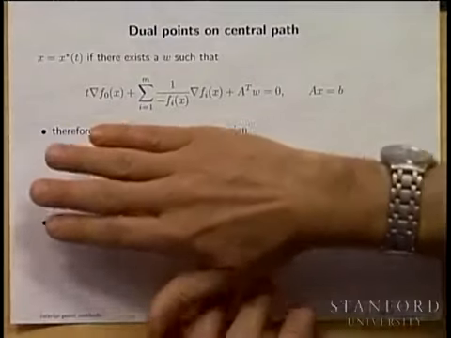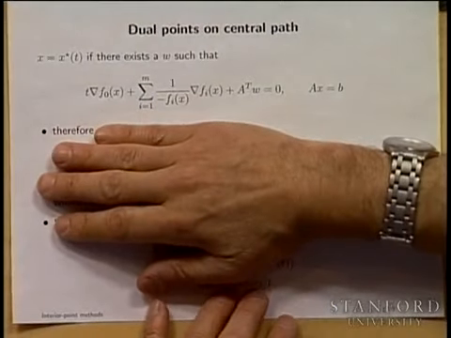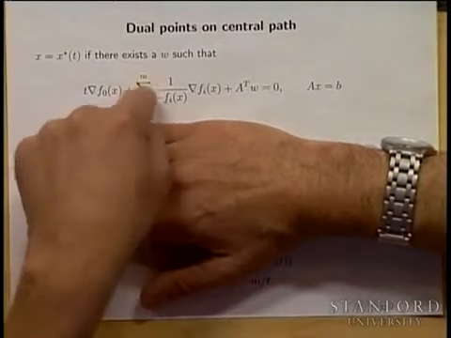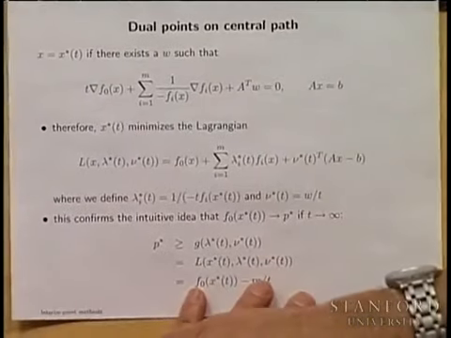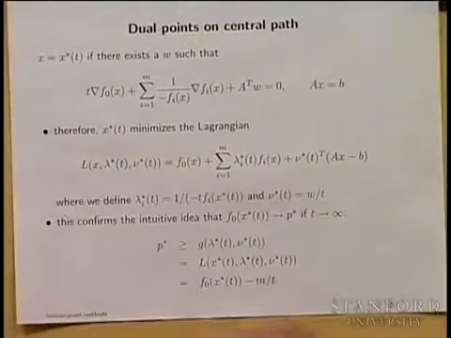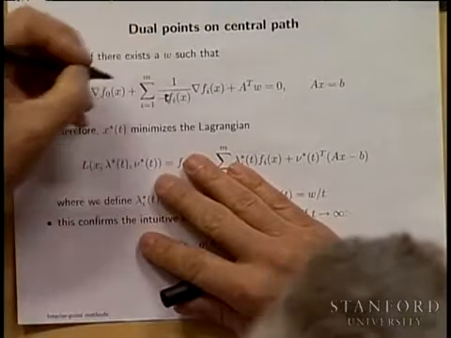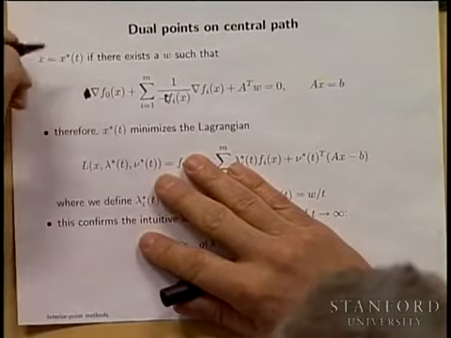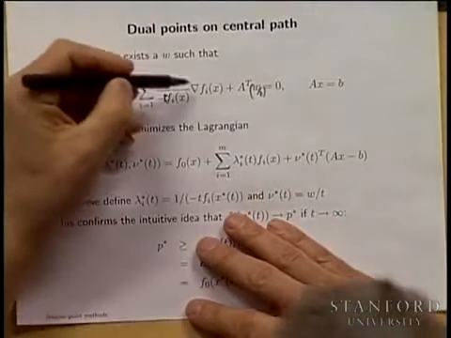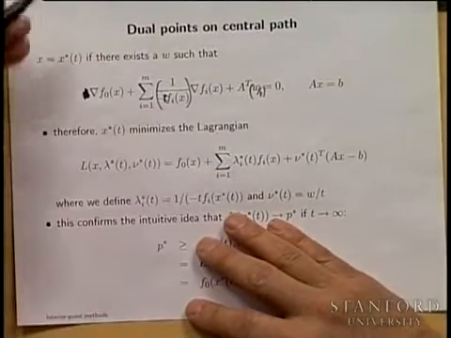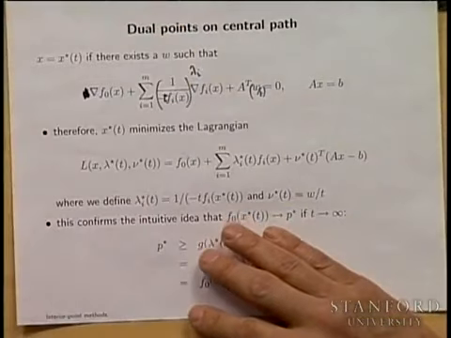Now, if you stare at this long enough, you'll realize you've seen stuff like this before. We can take this thing and divide by t. That's the first thing we'll do. Then you stare at this long enough and you realize these are just positive numbers. So I'm going to call those lambda i.